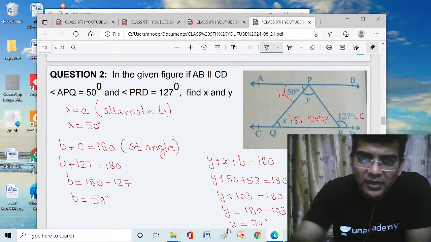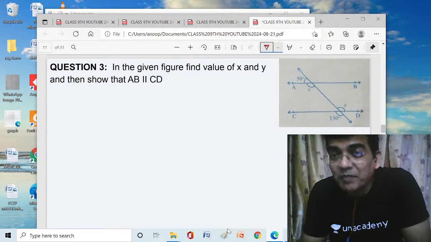If two lines are parallel, then only we can use the property that the alternate angles or the corresponding angles or the co-interior angles are related. Otherwise, don't use this. So here we are not going to use any of those properties, like alternate angles equal, because we don't know whether the lines are parallel, because they have said show that the lines are parallel.